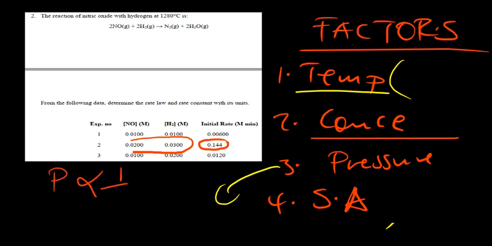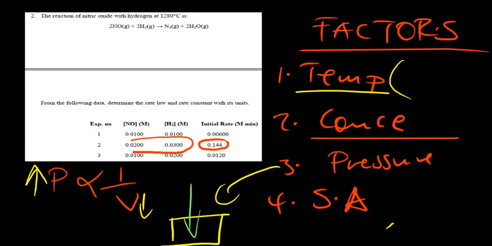So the smaller the volume, the higher the what? The pressure. So in a smaller container, which has a higher pressure, there are expected to be more collisions of gaseous reactants than in one which is bigger. There are fewer collisions there. So the higher the pressure, the higher the rate of a chemical reaction for gaseous reactants.